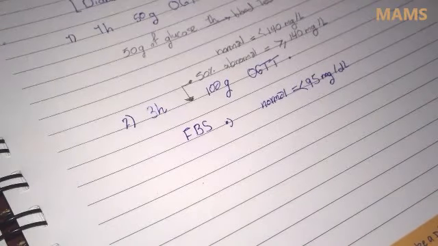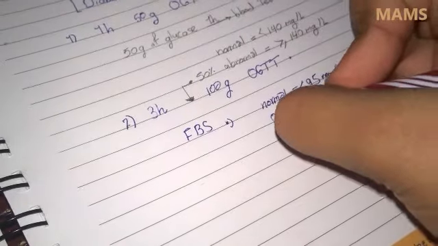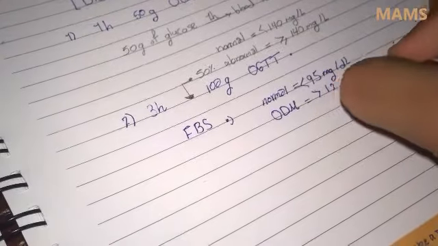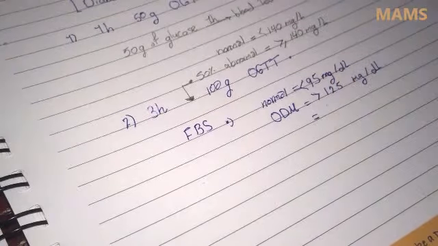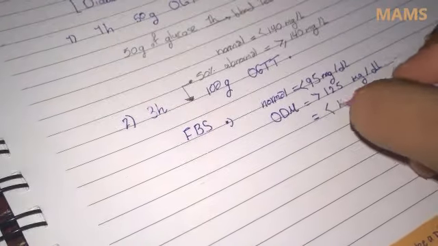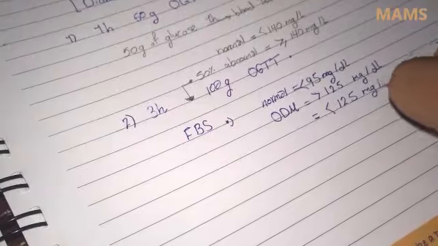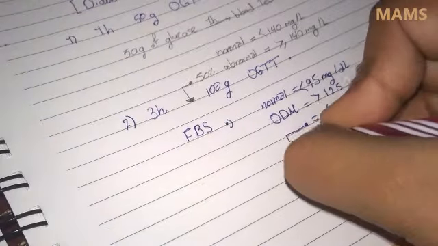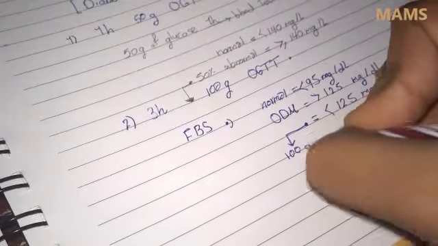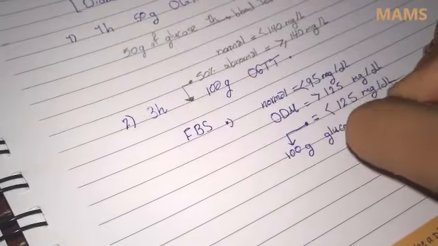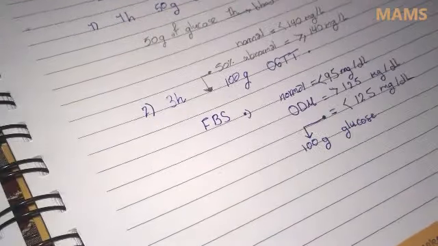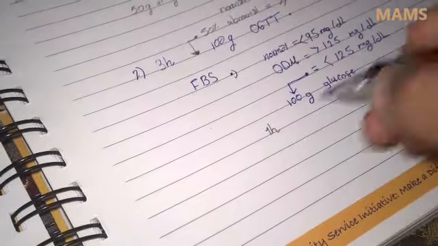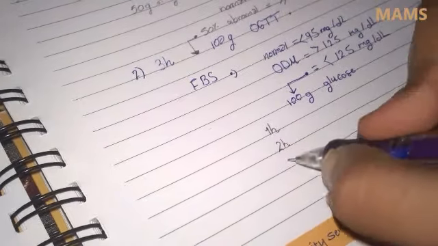The patient will be diagnosed as overt diabetes if the result is greater than 125 milligram, and in case the result is less than 125, you will administer 100 gram of glucose to the patient, and you will test the blood after 1 hour, after 2 hours, and after 3 hours.